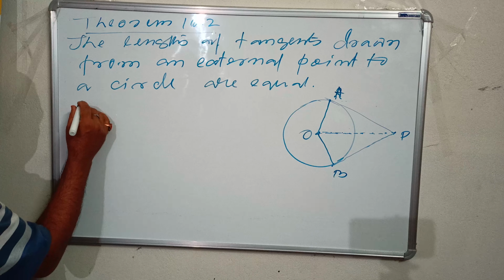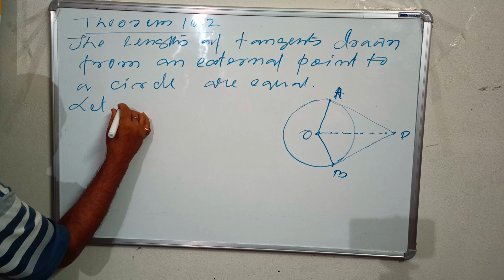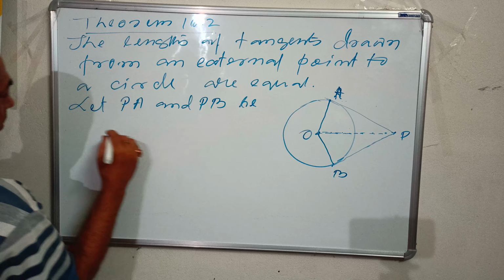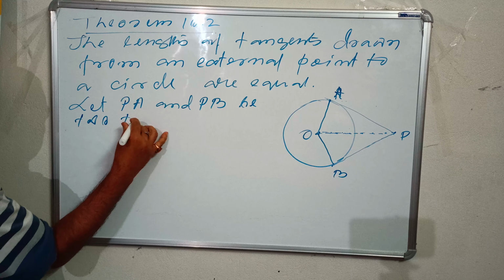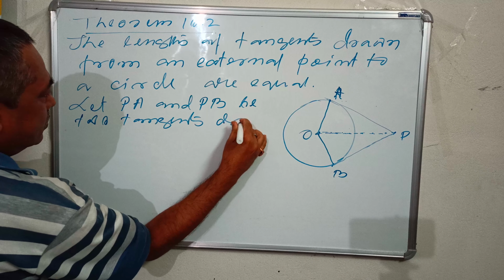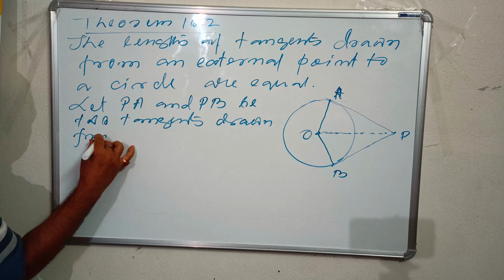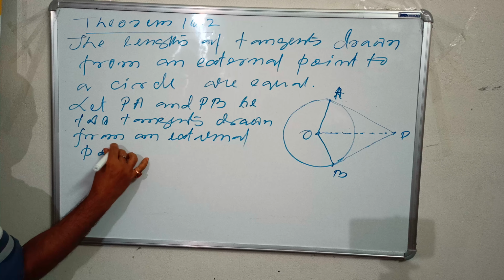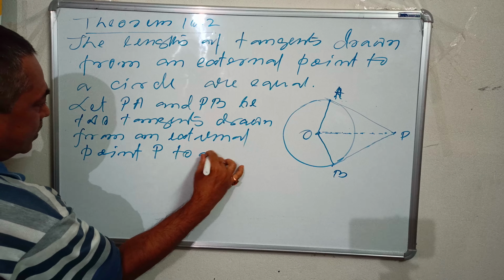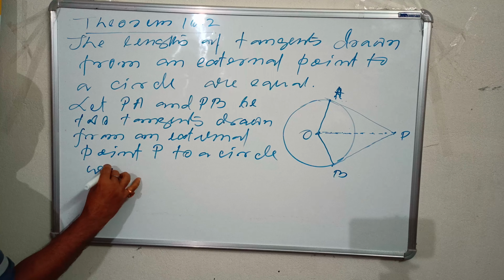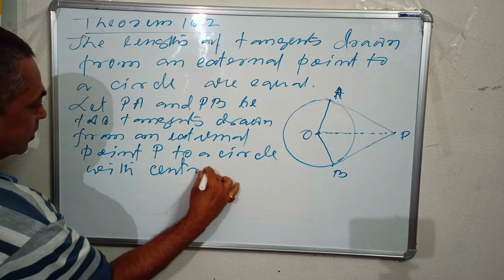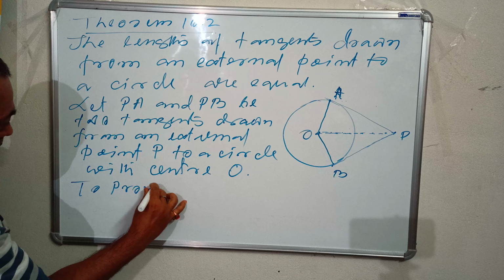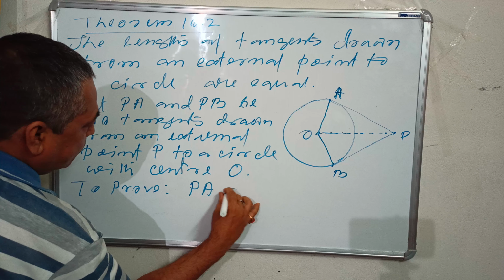Okay. So we consider, let PA and PB be two tangents drawn from an external point P to a circle with center O. Okay, center O. To prove PA equals PB.